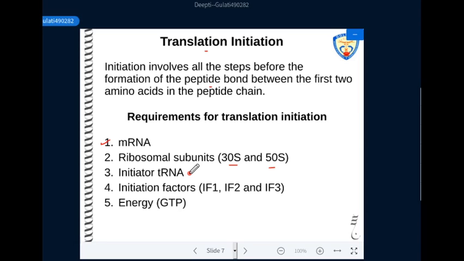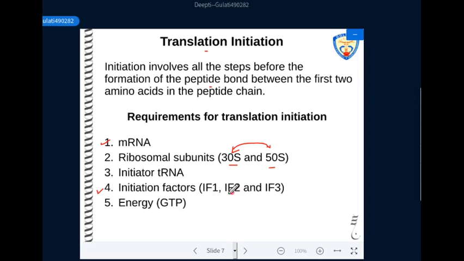So there are certain factors which are present. One of these factors is responsible for the separation of the 30S from the 50S subunit till translation has to occur. So we require certain initiation factors for the process of translation.